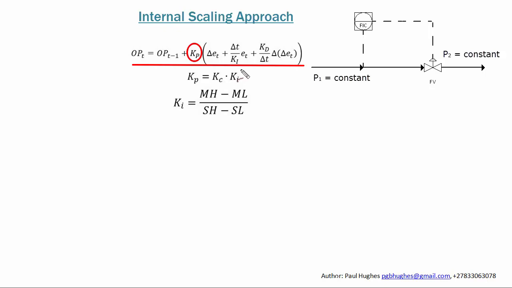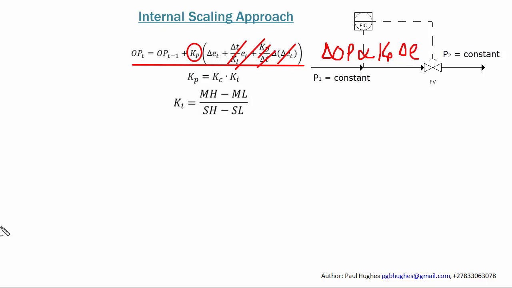So if we want to just look at a proportional only controller, sorry, we're going to scratch out this. So we're just looking at change in delta OP is proportional to kp times delta error.